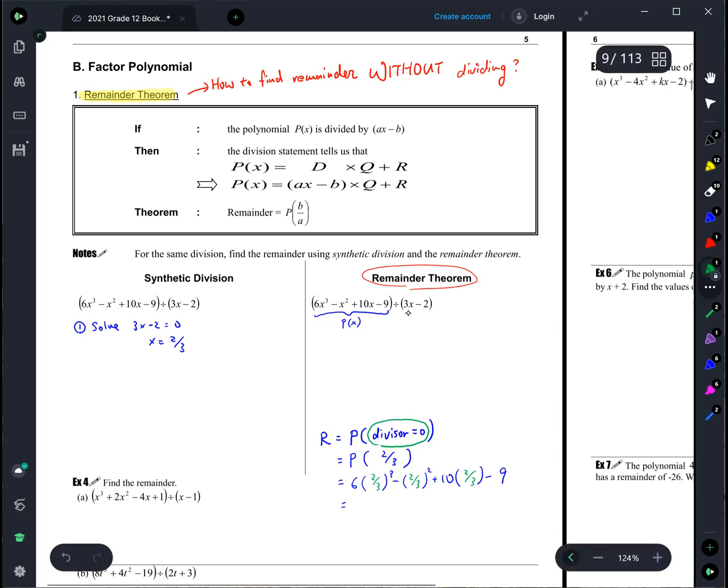Then the answer that comes out will be the remainder. Please raise your hand if you found the number.